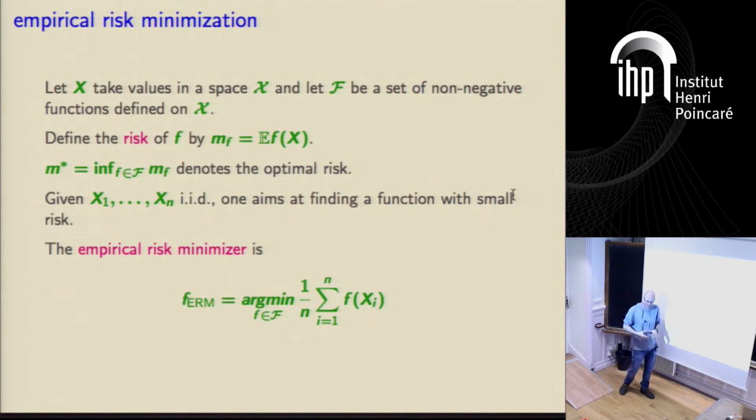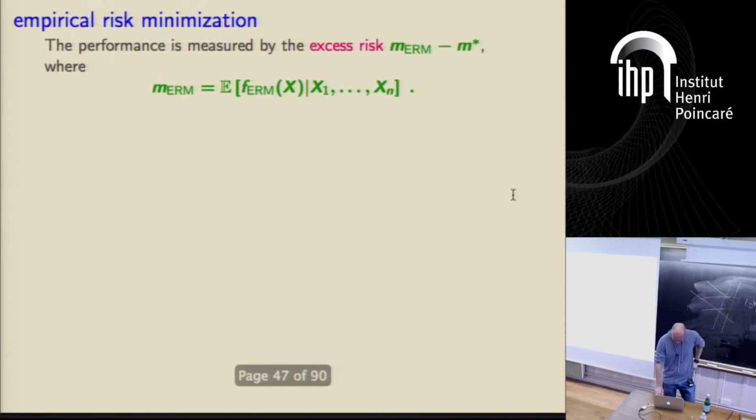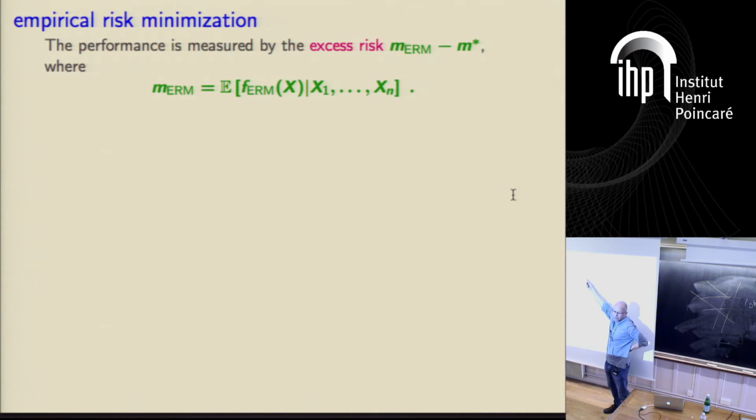Least squares estimation is an example of this. Usually, of course, you estimate these means by the sample mean, and we minimize that. This is the classical empirical risk minimization setup.